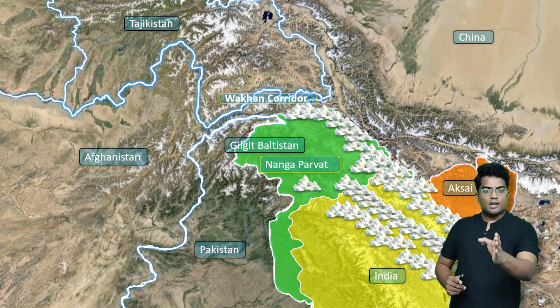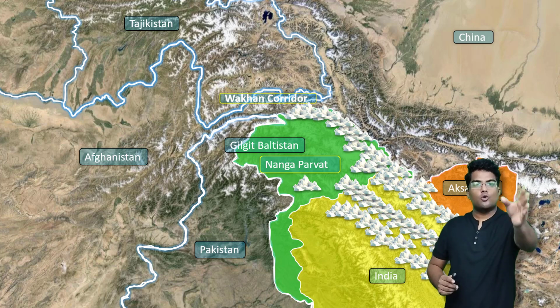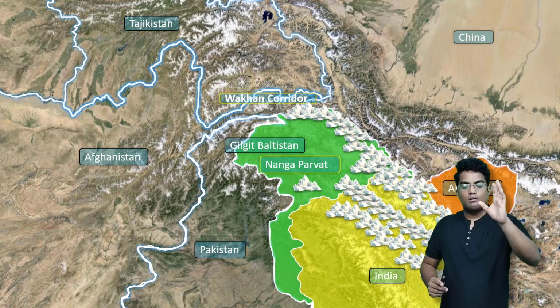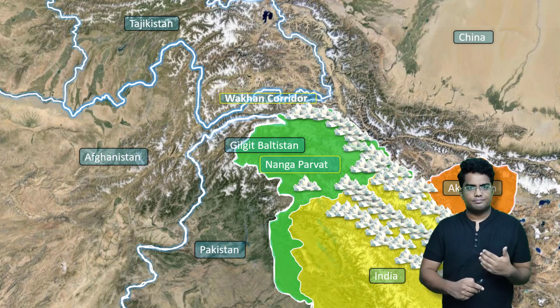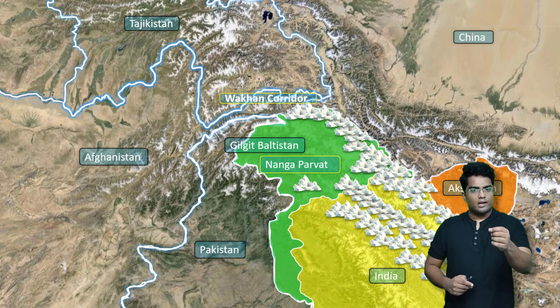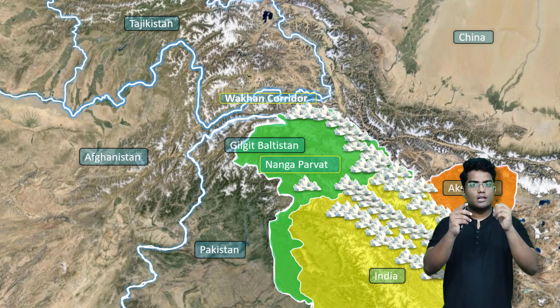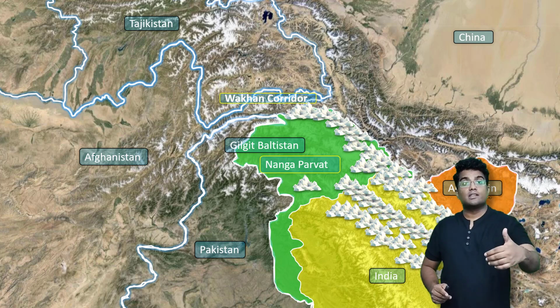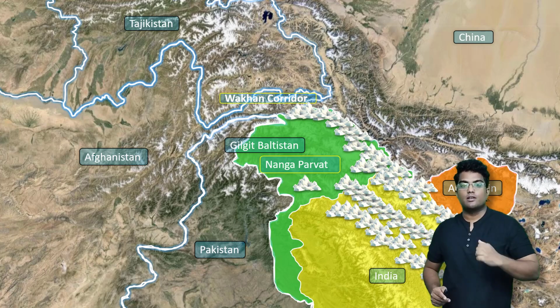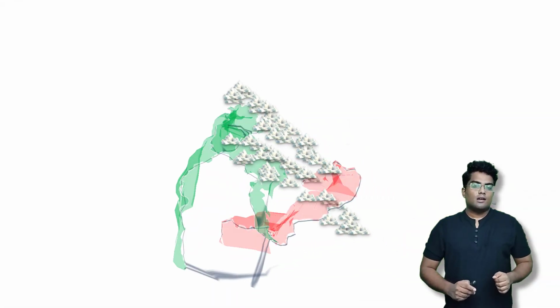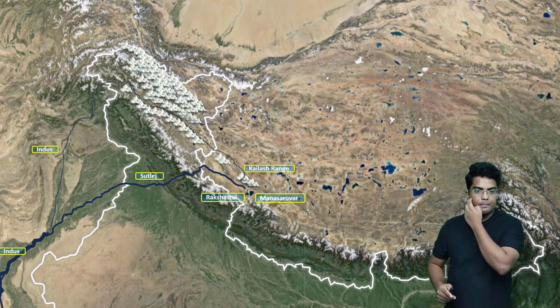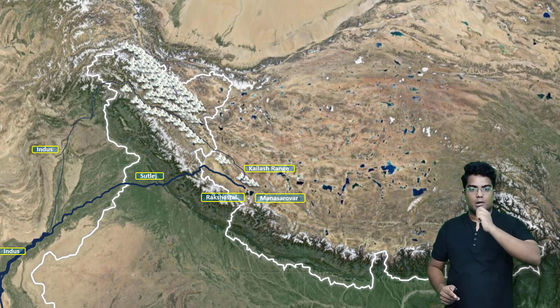Now, as it happens, the westernmost part is also in Afghanistan, or let's say Wakhan Corridor. Technically, the western part and the northern part of the Trans-Himalayas are in Afghanistan. Now let's understand where the easternmost part and the southernmost part are. As you can see, that's the whole of the Trans-Himalayas.